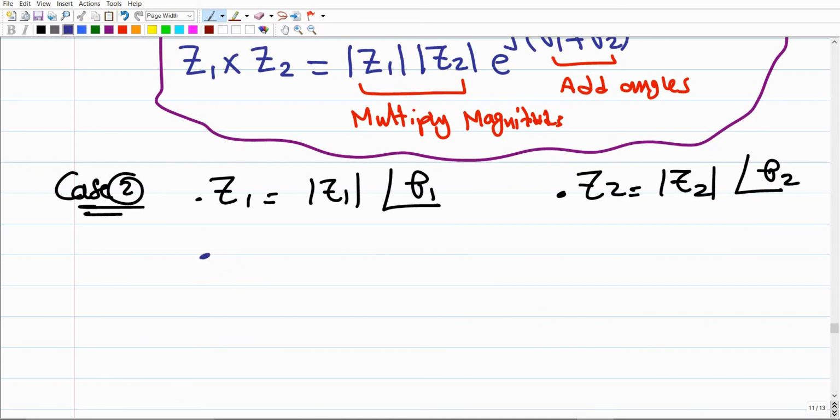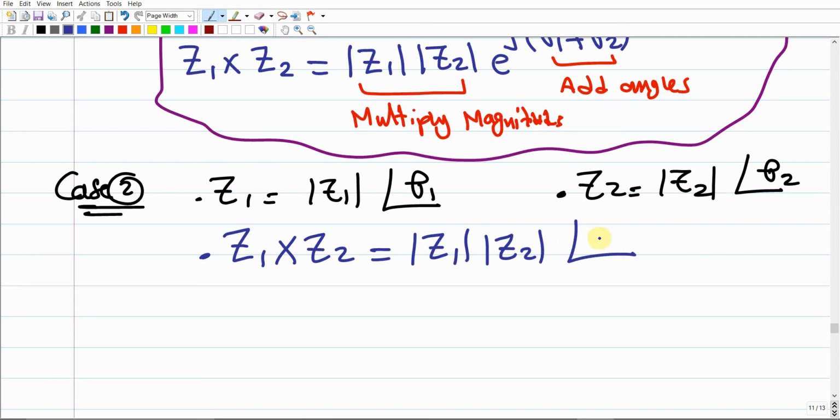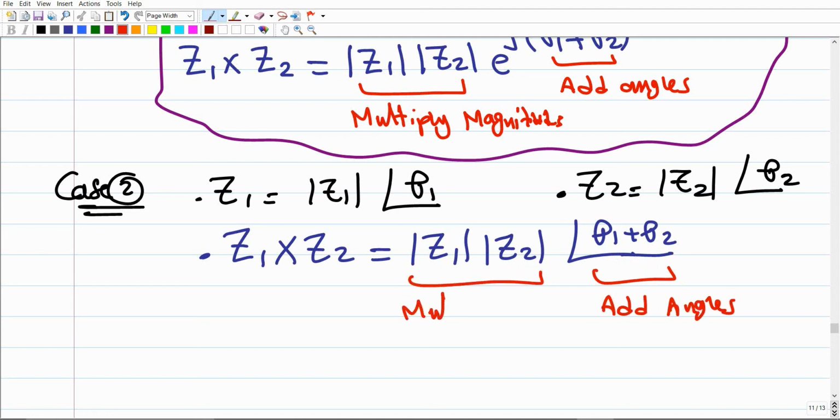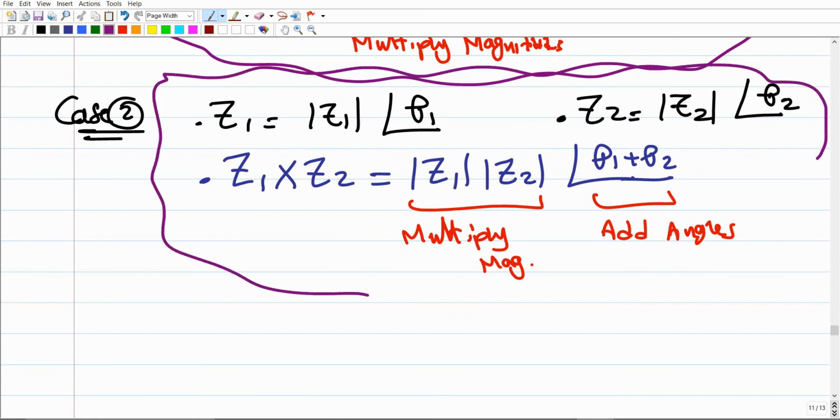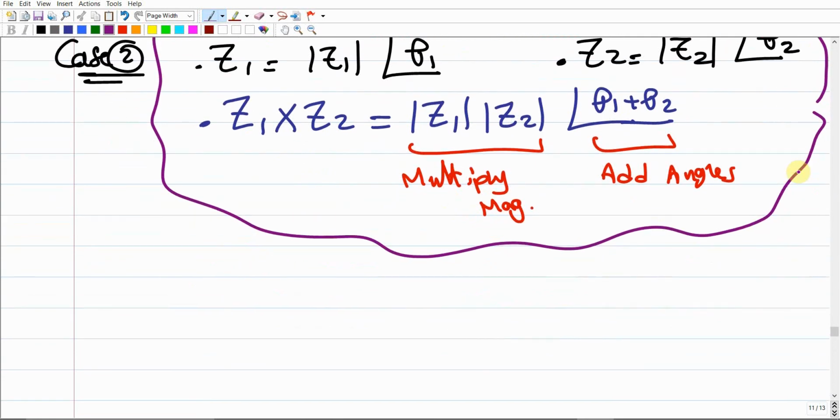The multiplication z1 cross z2 equals the multiplication of the magnitudes, and then you add the angles together, θ1 plus θ2. So you just add angles and multiply magnitudes. Make sense? This is for the case that the two complex numbers are given in the polar form.